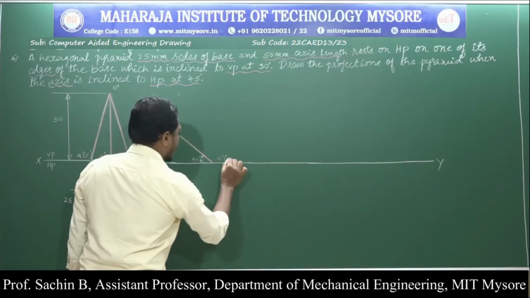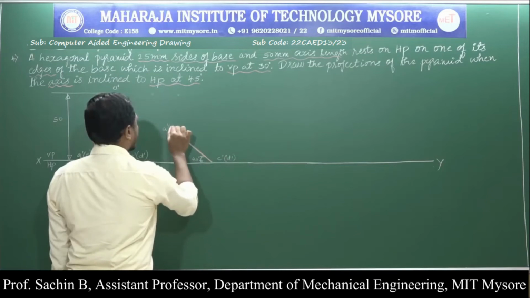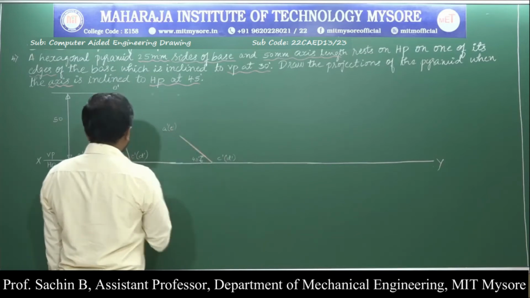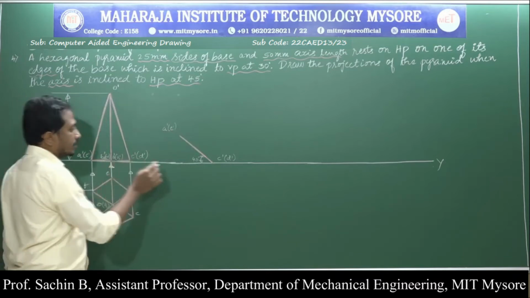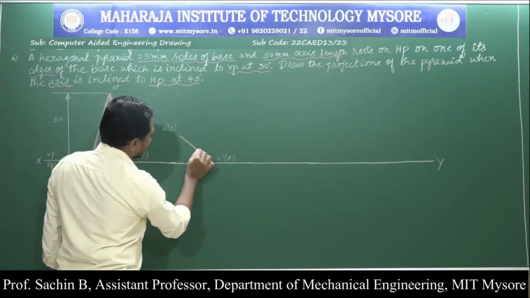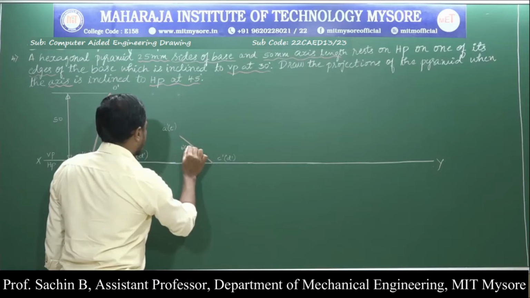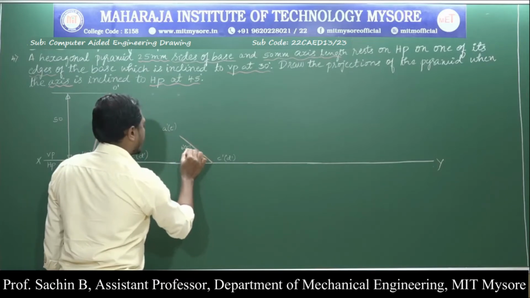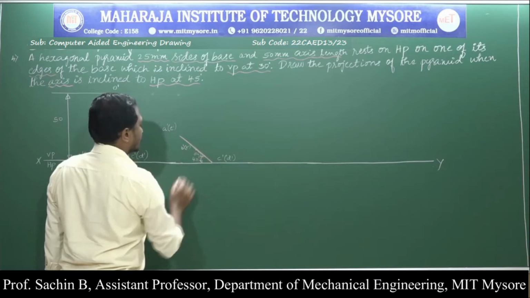This is C dash comma D dash. This is A dash comma E dash. Next, if I measure from C dash to B dash, it is going to meet exactly at the center. Again, I am going to name it as B dash to E dash. Next, O dash to O1 dash.